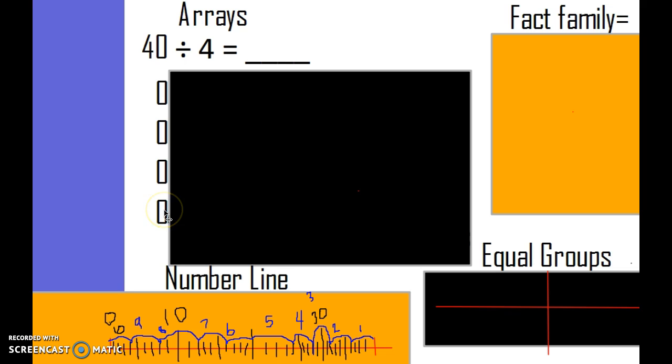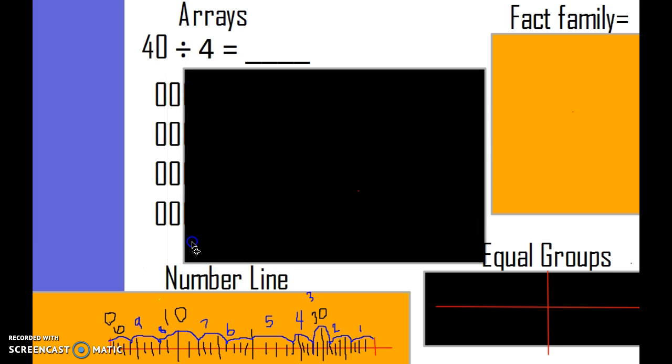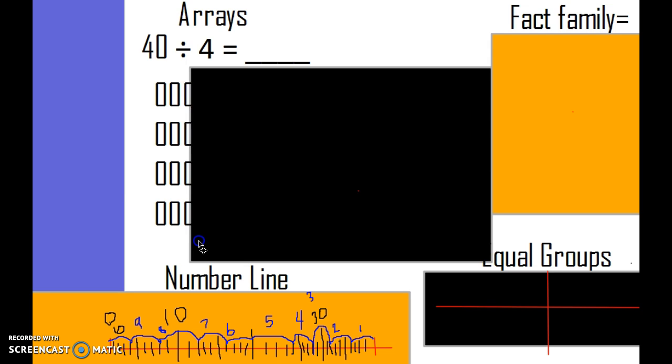So I did 1, 2, 3, and 4. And then what I would do is just get all the way up to 40 until you have these facts memorized. So the next row would be 4 more, and I would write 4 more, and just keep going down.